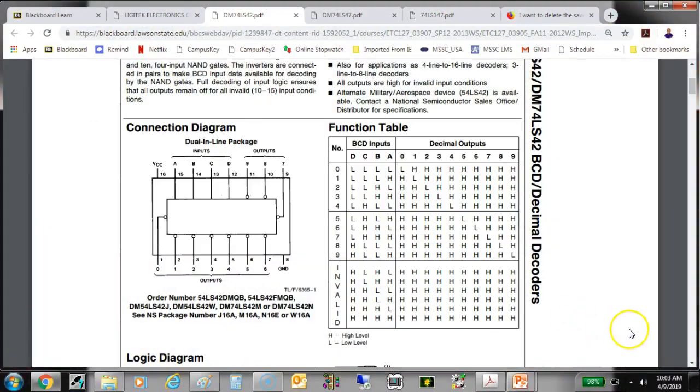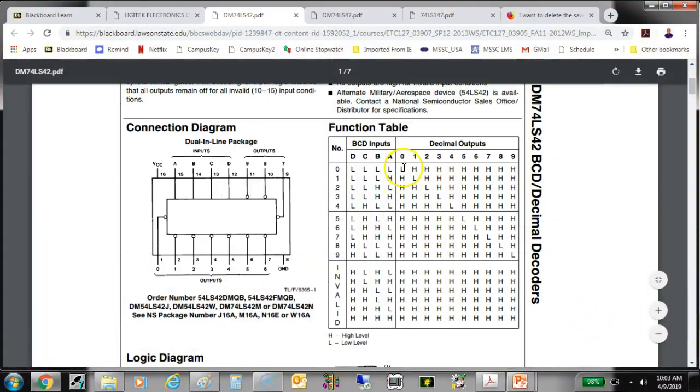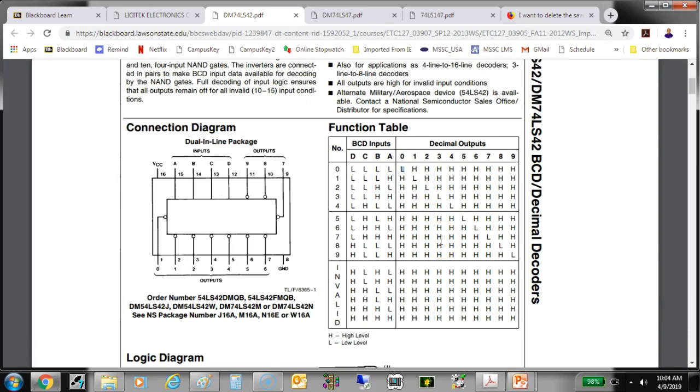And notice on the truth table, the selected output goes low. Remember, the LEDs on our trainers come on when they see a high, so this is going to be just opposite of what we see. So when I put a 0 in here, all my LEDs are going to turn on.